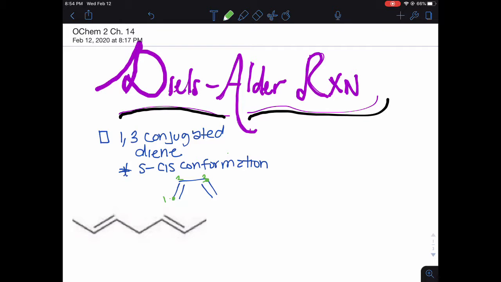So that is where the 1,3 comes from, and then the cis part comes from the fact that both sides are facing the same direction, right? So if we were to draw a dashed line, we'll see that both alkenes are facing the same way. So that's what I mean by s-cis conformation. All right.